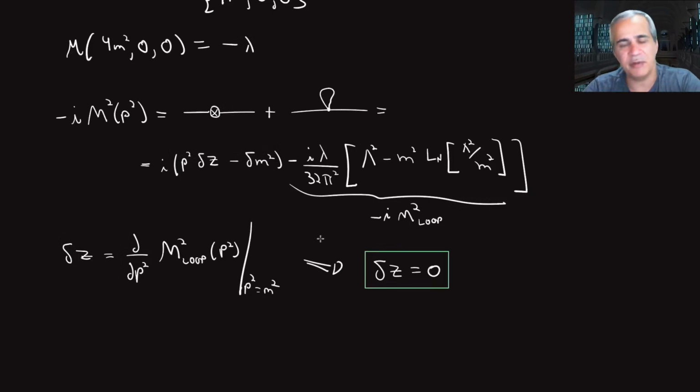This is very simple, and it's not general at all. This is just a fluke of lambda phi 4 at one loop. It just so happens that this loop does not depend on p squared. If you go to higher orders or to more complicated theories, this won't be true.